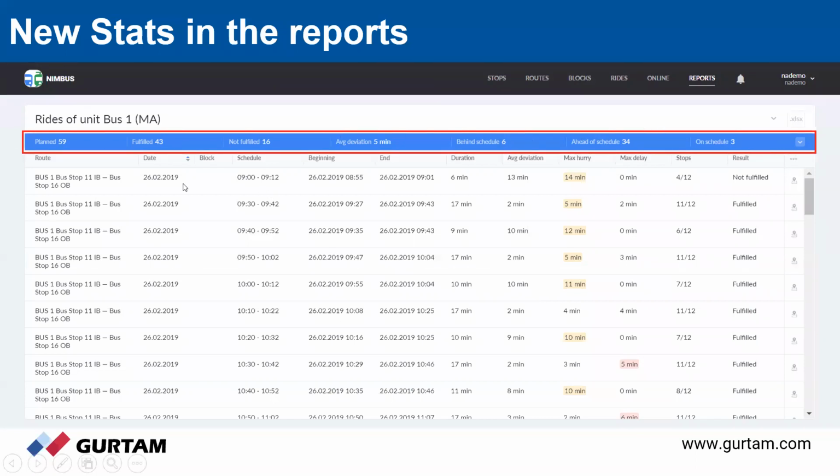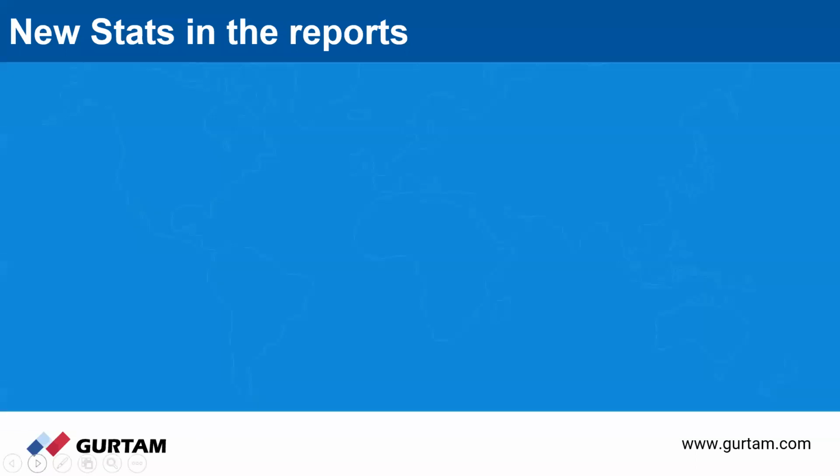This top panel can be expanded, and you will get more detail about all of those categories I mentioned. So now I'm going to discuss each of them in detail.